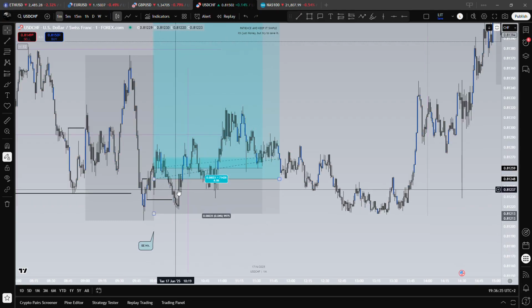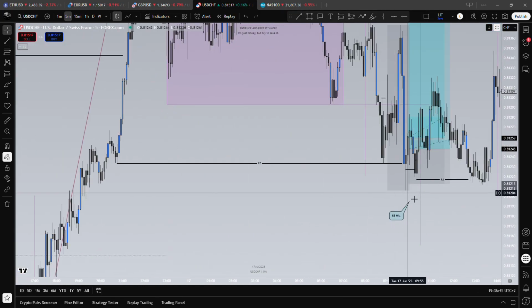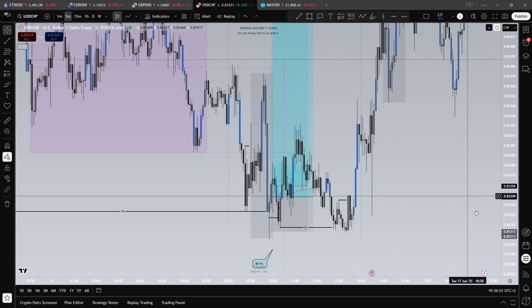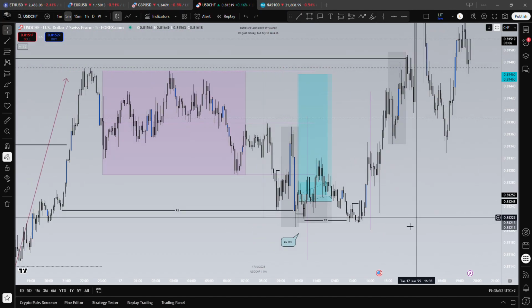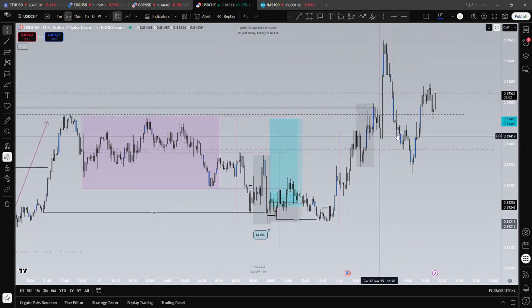It just took this liquidity here that broke the structure, so it's pretty crazy. This was pretty difficult. I don't think I would have traded that, but it's okay. I entered here with two risk trades. In the end, it worked, and the trade was good, but not as we expected.